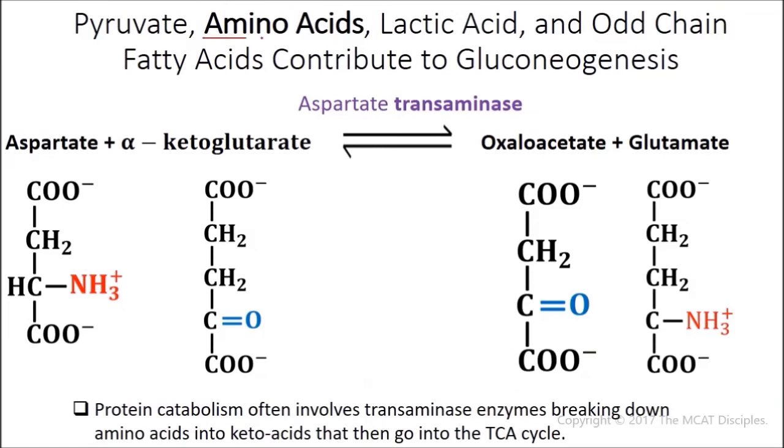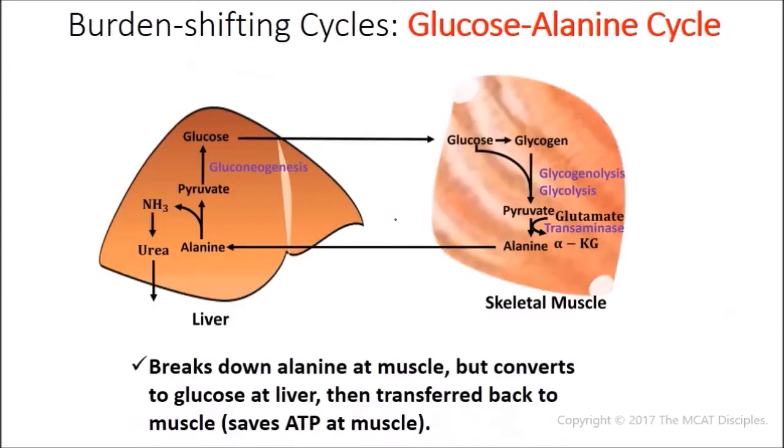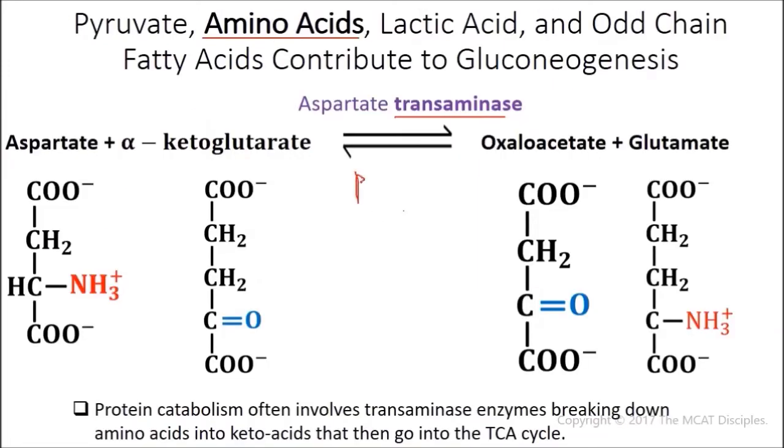I mentioned amino acids contributing. A lot of times protein catabolism works via using transaminases that use the PLP cofactor to catalyze their reactions. It goes through a reaction mechanism, but the reaction mechanism is not important. Appreciate the fact that transaminases transfer amine groups. So you move this amine group from here to here, and you move this double bond oxygen on this compound to this compound.